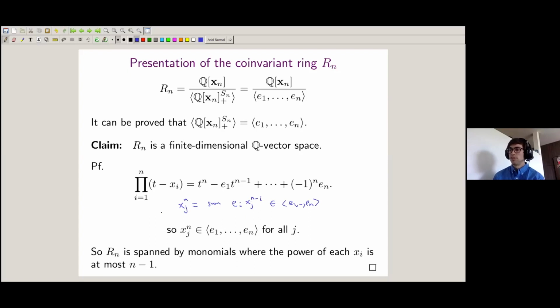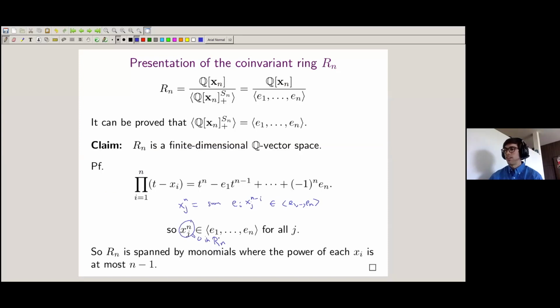And so xj to the n is 0 in Rn. So this tells you that Rn is spanned by a finite set of monomials, the monomials where the power of each xi is at most n minus 1.